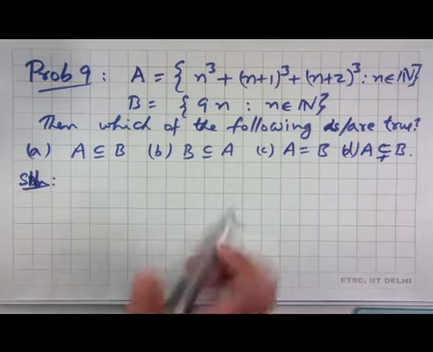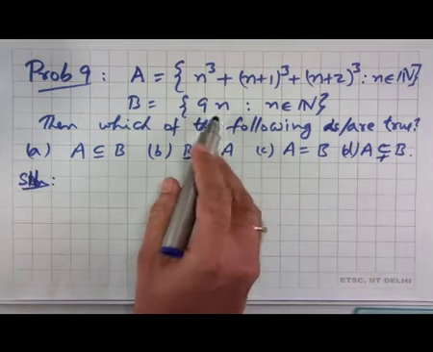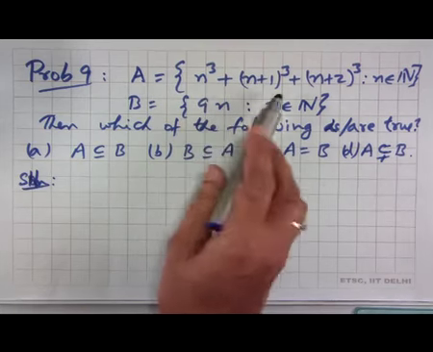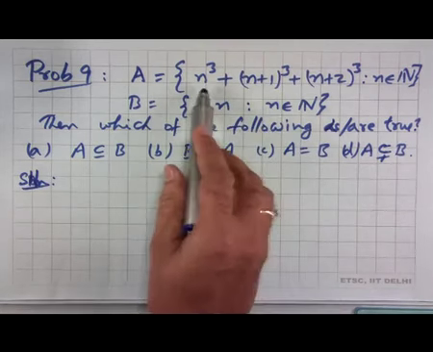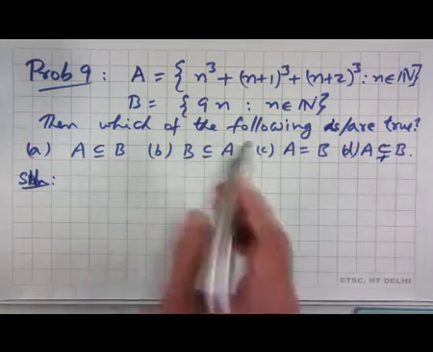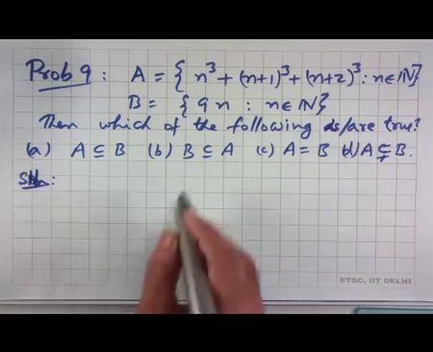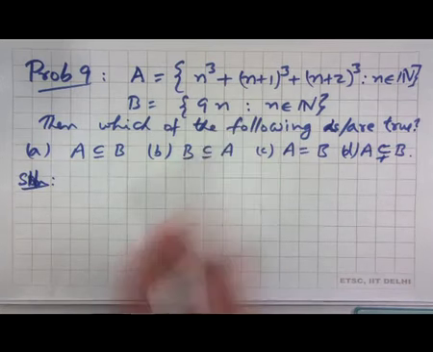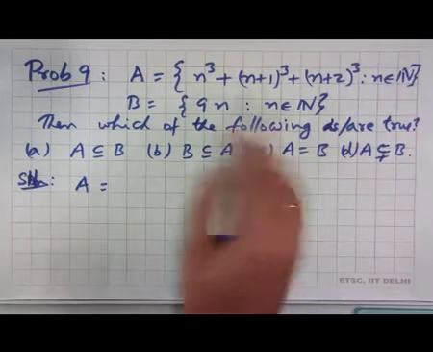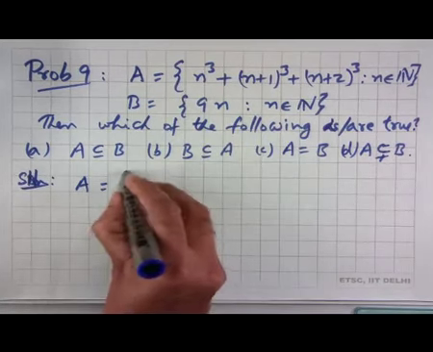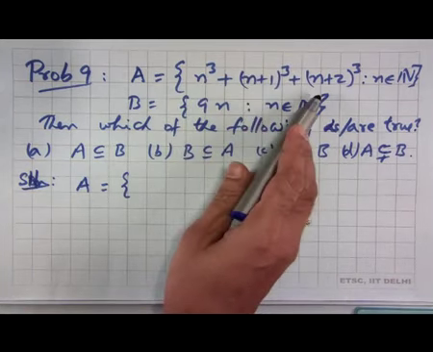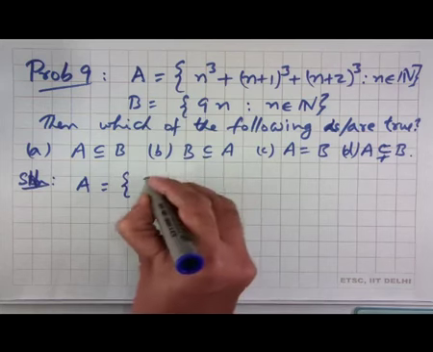So, B consists of all the positive multiples of 9, A consists of the sum of cubes of 3 successive natural numbers. If you see A, if I put n equal to 1, then I have 1 plus 2 cube plus 3 cube, that is equal to 36.